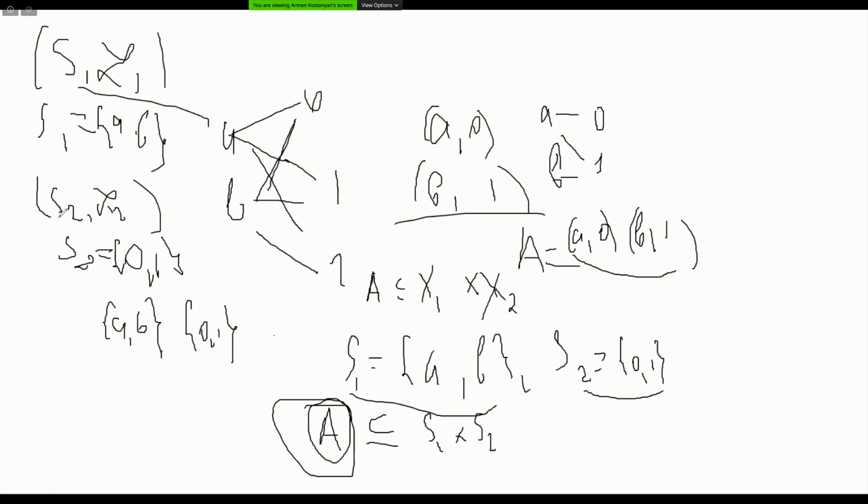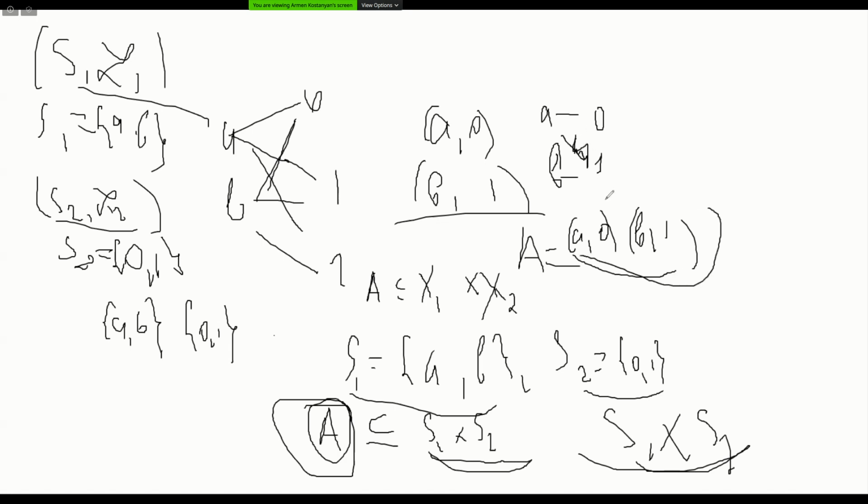So these are two matroids, and we have all possible subsets of the ground set. After that, we consider the following subset of the set S1 multiplied by S2. S1 multiplied by S2 is an independent set, and we choose some subset of this independent set by saying that we take A together with 0 and B together with 1, except this. Only these two elements we include in A.